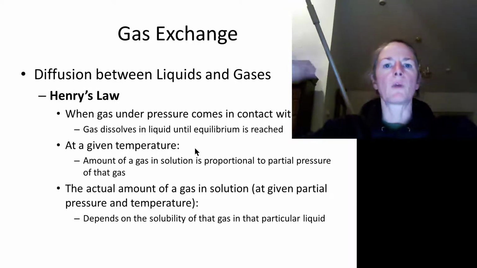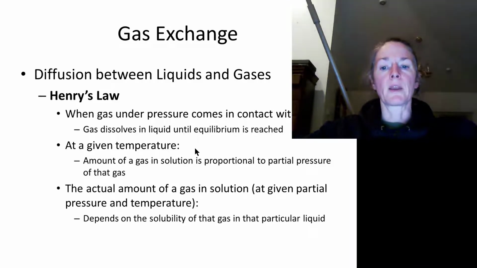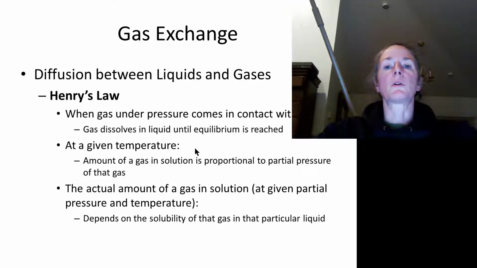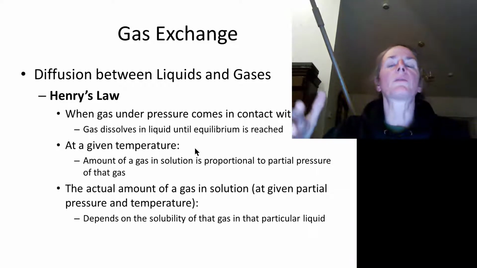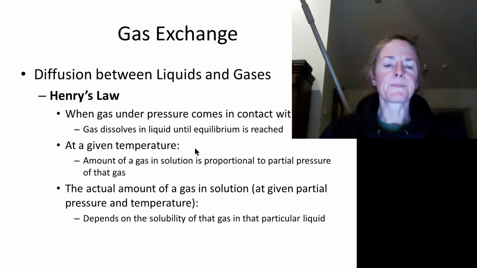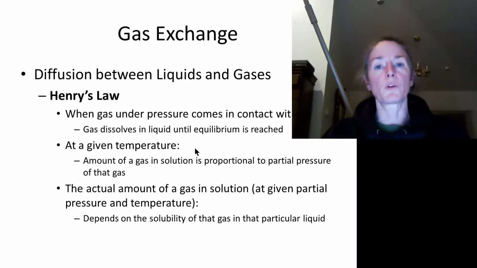You're going to have more of this random motion and more collisions, and that's going to force these particles apart. Now, if you cool the gas down, then it's going to contract because it's not experiencing as many of those collisions. There's not as much energy. And as we know, temperature and volume are proportionally related. So as we increase the temperature, we're going to increase the volume and vice versa.